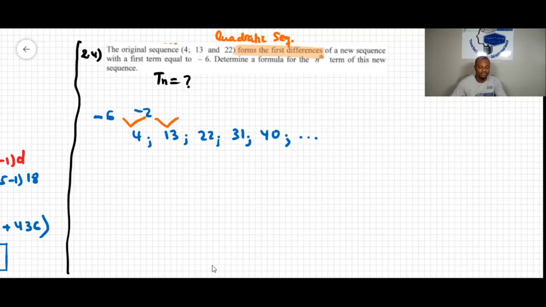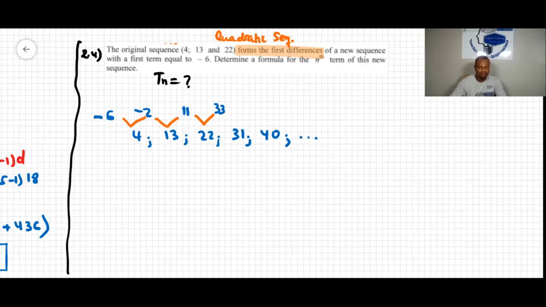To get 13, the following number is 11, because 11 minus -2 gives us 13. To get 22, the number is 33, because 33 minus 11 is 22, and so on.